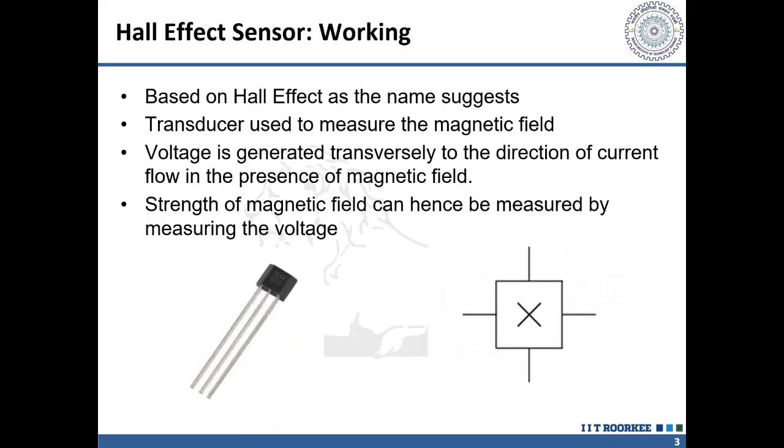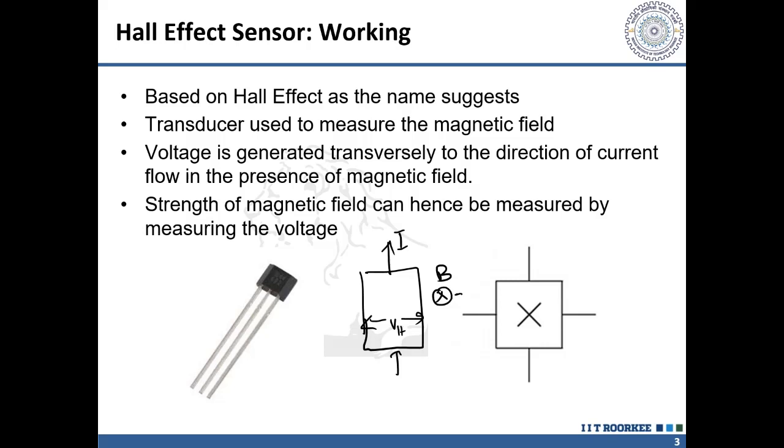The Hall effect sensor basically works on the Hall effect, as the name suggests. So it is a transducer which you use to measure the magnetic field. You remember the voltage that we calculated across this thickness, VH? That is what we are going to measure, and it is transverse to the direction of the current that we use to run the sensor, and the magnetic field is perpendicular to this.